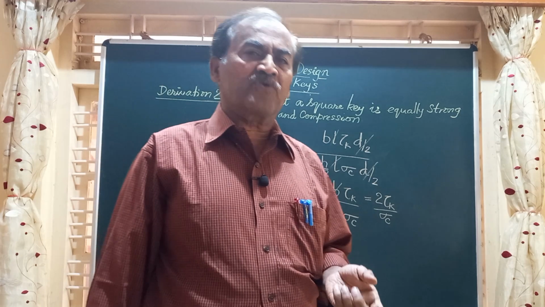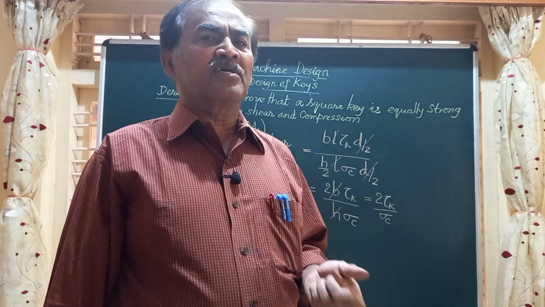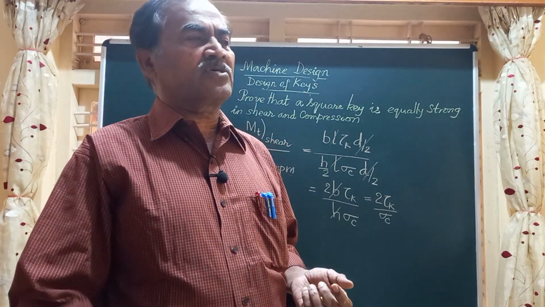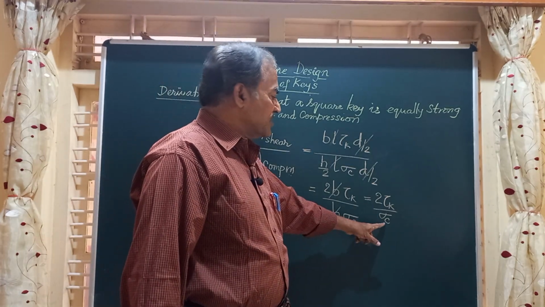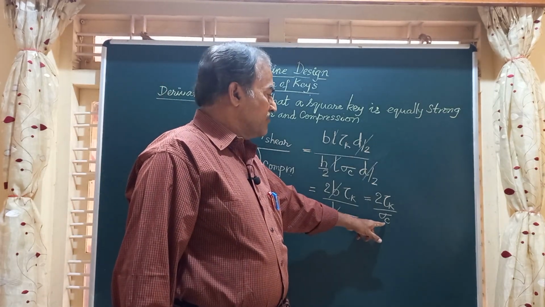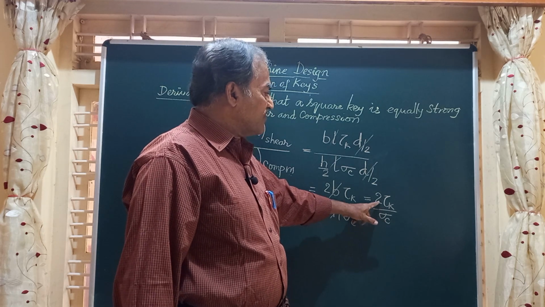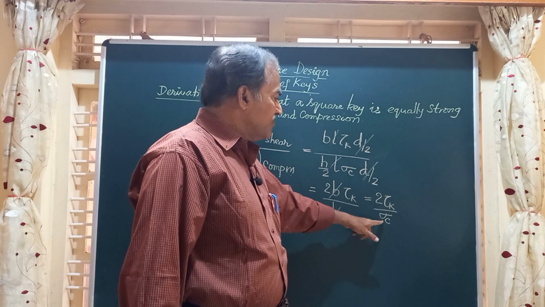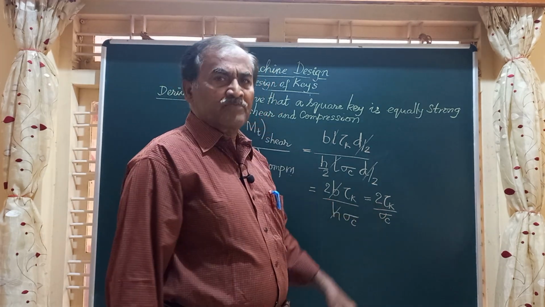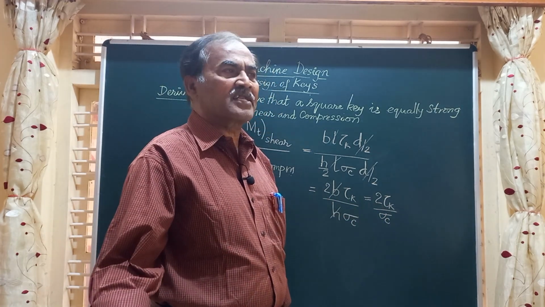Friends, generally for engineering materials such as steel, etc., the compressive stress of the material will be double the shear stress. That is, sigma_c is equal to 2 times tau_k in general cases.